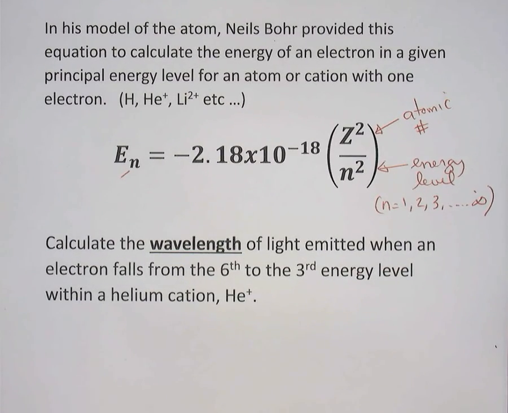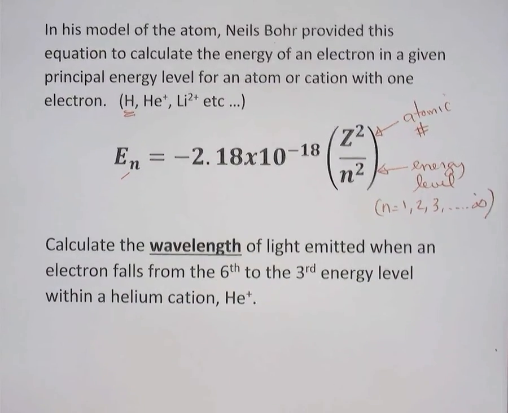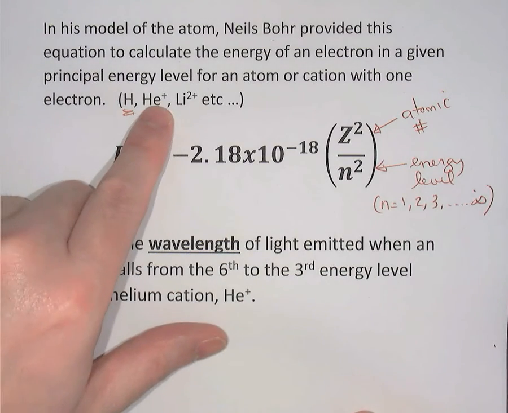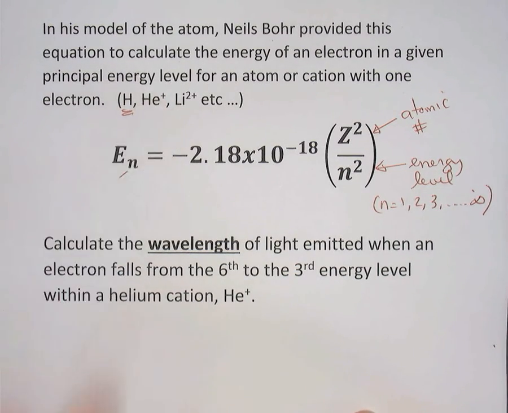Now, Bohr's equation had a couple of big limitations, but the biggest is that it really only works if the atom you're looking at has one electron. So for a neutral atom, it works only for hydrogen. It will also work for cations that have one electron, so helium plus 1. Helium normally has 2 electrons, but helium plus 1 has 1 electron.